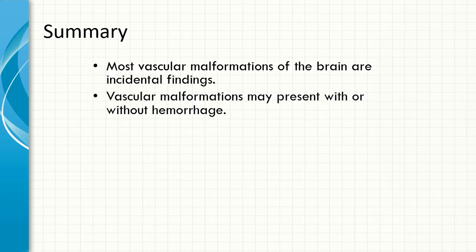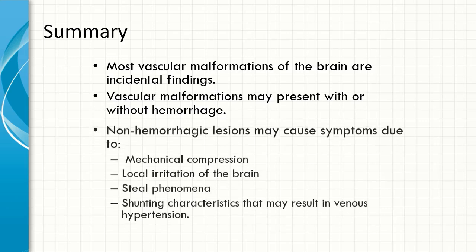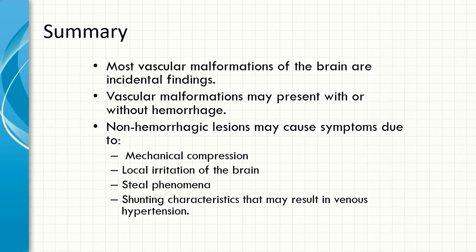Patients with vascular malformations may present with or without hemorrhage. Non-hemorrhagic lesions can cause symptoms due to mechanical compression, local irritation of the brain, steal phenomena, and shunting characteristics that may result in venous hypertension.